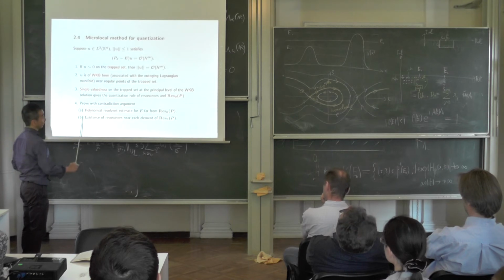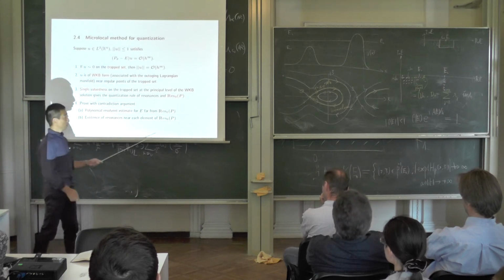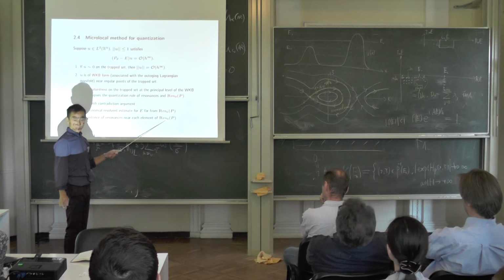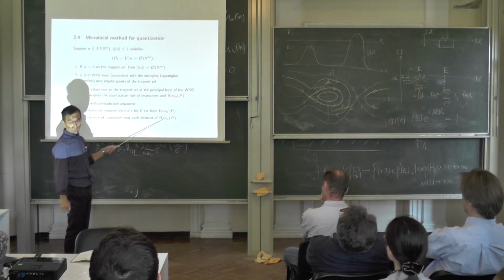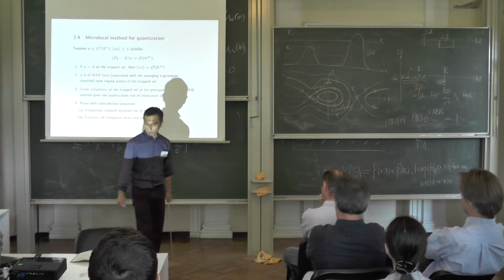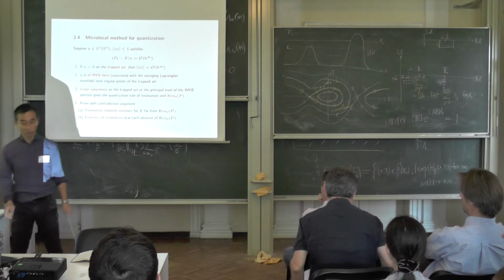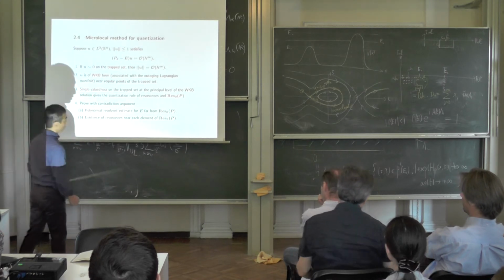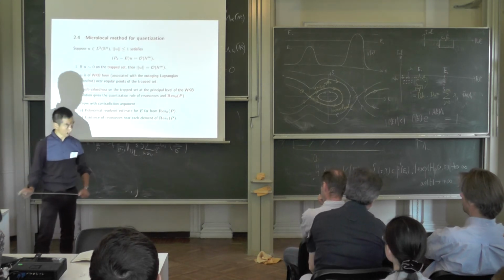And using this, by contradiction, we can show that near any approximate resonance, we can find at least one resonance. This is the strategy.